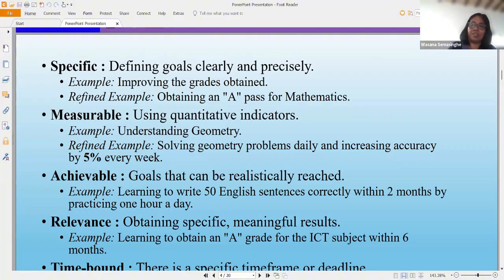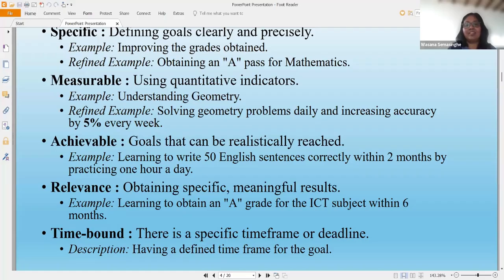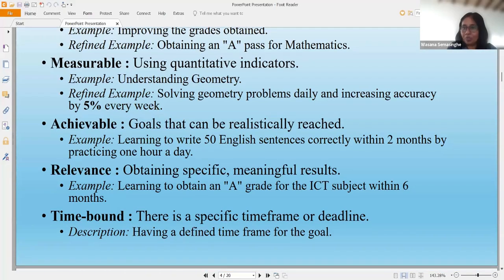Okay? And the relevance. Relevance is you should be able to have meaningful results. Okay? So you are given an example, learning to obtain an A grade for the ICT subject within 6 months. It's very relevant and time bound.